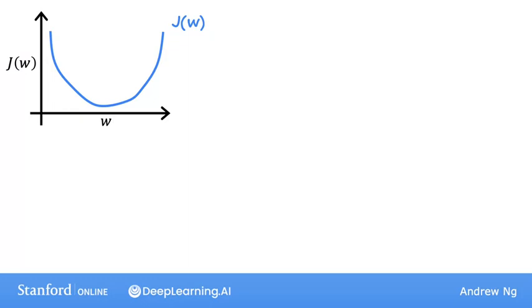Now let's initialize gradient descent with some starting value for w. Let's initialize it at this location. So imagine that you start off at this point right here on the function J. What gradient descent will do is update w to be w minus learning rate alpha times d over dw of J of w.